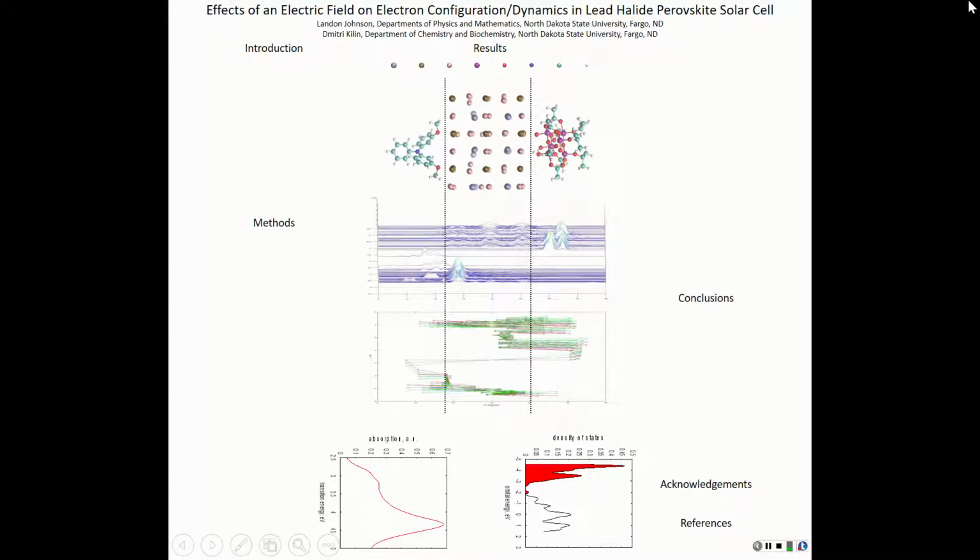If you're looking at a PDOS, then the species that has the higher valence band edge will be your hole transport material, and the material with the lowest conduction band edge would be your electron transport material.